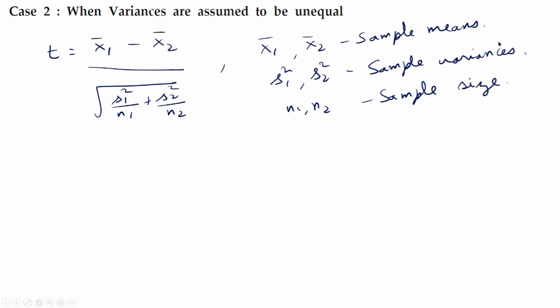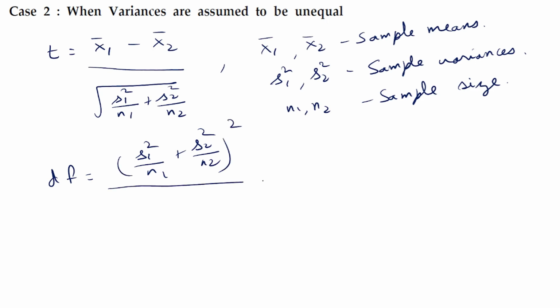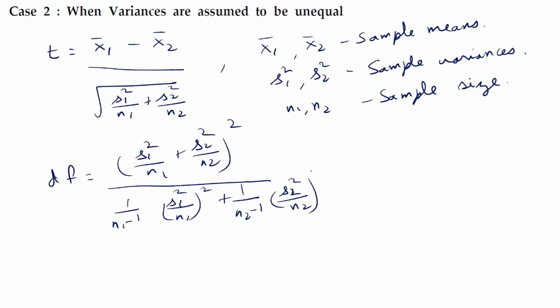Now when the variances are assumed to be equal, we had the degrees of freedom as n1 plus n2 minus 2. Here when the variances are assumed to be unequal, the degrees of freedom is calculated using s1 square by n1 plus s2 square by n2 the whole square, the whole thing divided by 1 by n1 minus 1, s1 square by n1 the whole square plus 1 by n2 minus 1, s2 square by n2 the whole square.